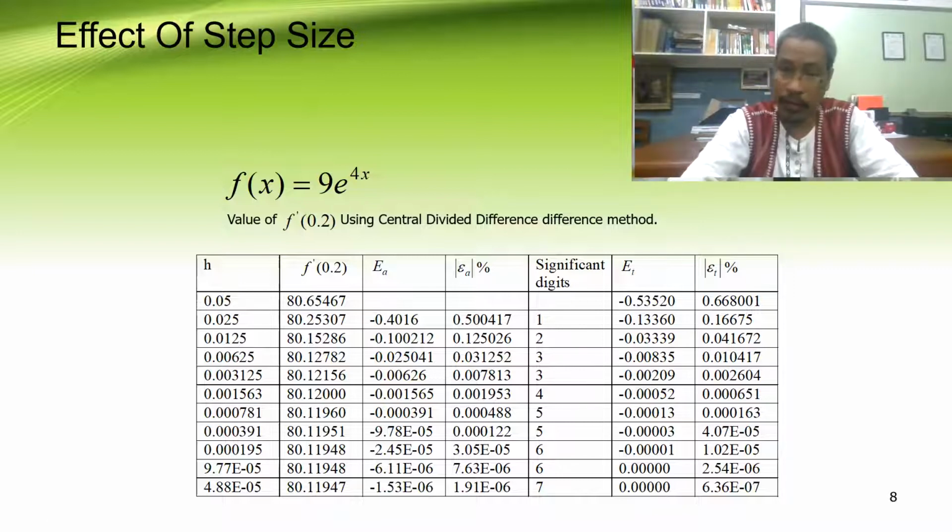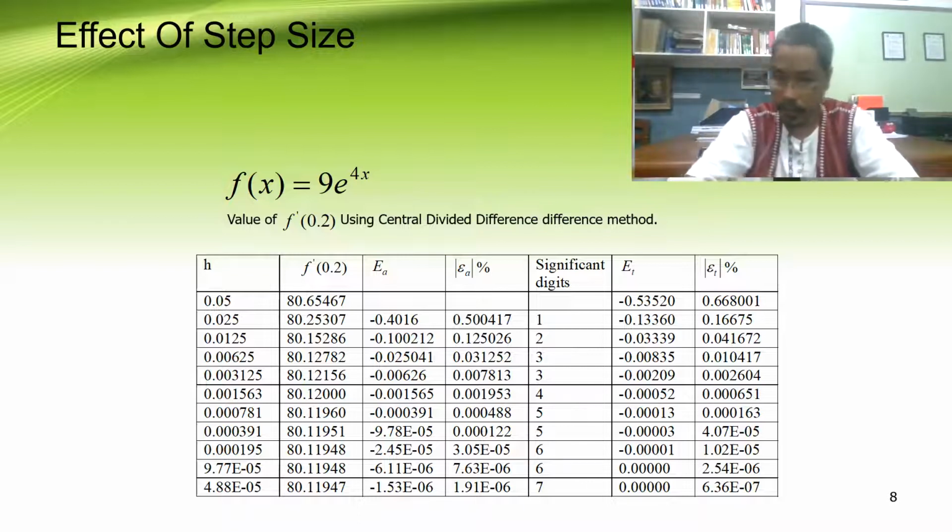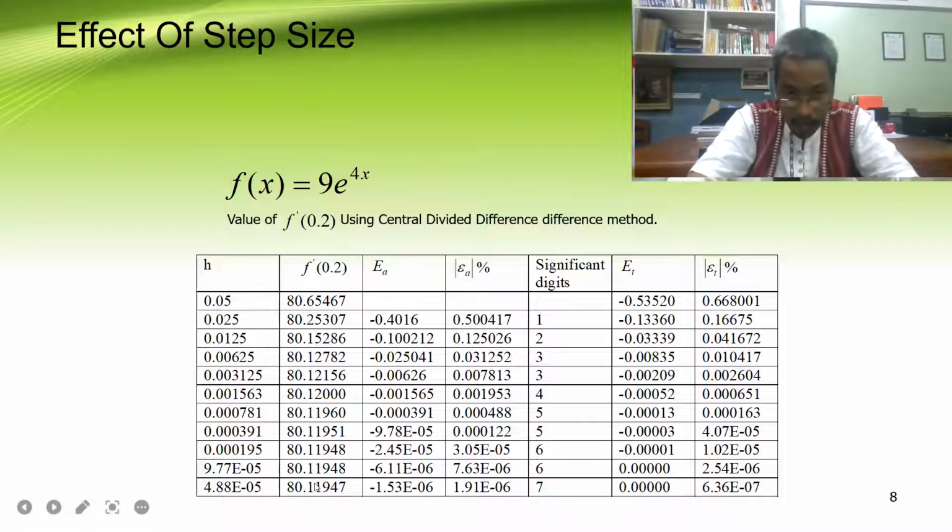The first derivative is equal to f(x plus delta x) minus f(x minus delta x) divided by 2 delta x. That is the approximation by the central divided difference method. The actual value is still the same, which is 80.119 or 80.12.